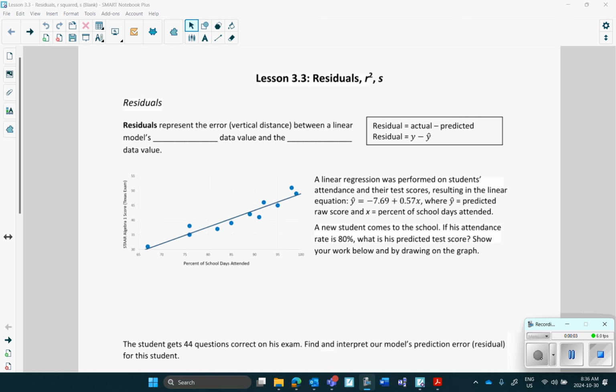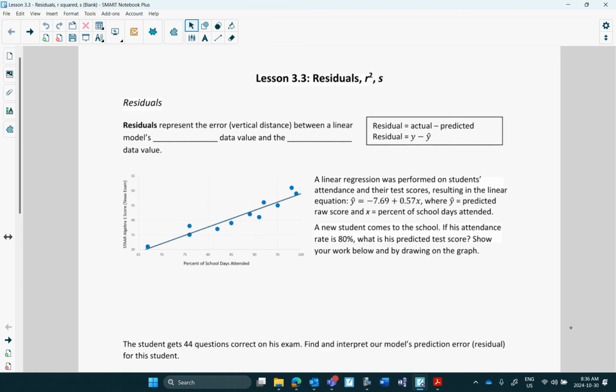So continuing on with bivariate data, analyzing bivariate data or the relationship between two variables, an explanatory variable and a response variable. We talked about how to describe it using a scatter plot. We talked about how we take a scatter plot and put a least squares regression line on it.